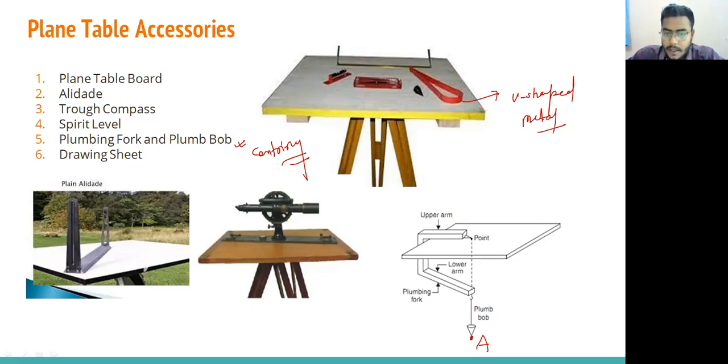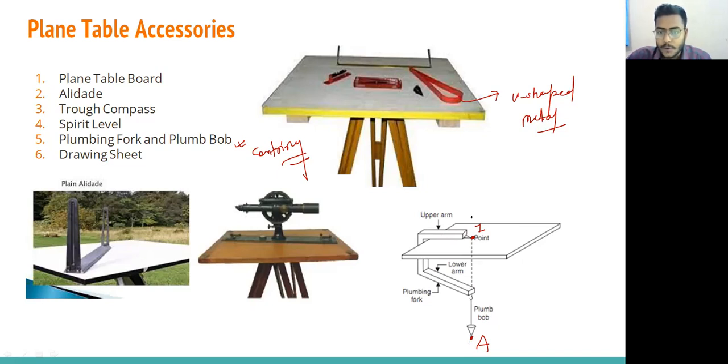Okay, and here is one point that is called a point on the sheet. Suppose I give this point the name a1. So this is point 1 on the sheet. One plumb bob is hanging through this hook, and we change the position of this U-shaped metal in such a way that the plumb bob points to the station.